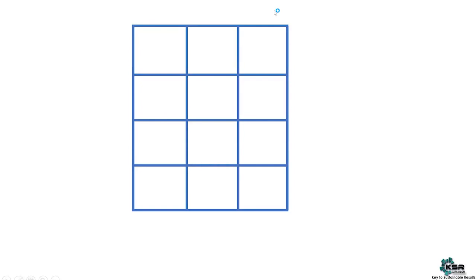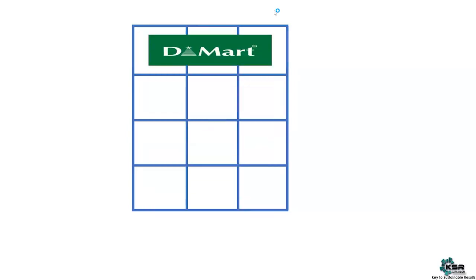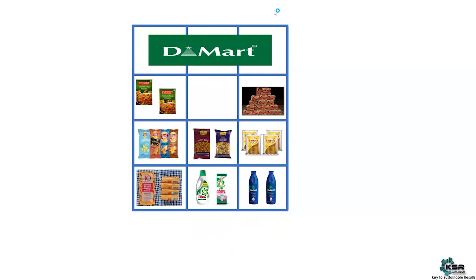It might be an iron rack, or it might be a plastic rack, where all the components are managed in specific racks. I'm trying to take an example of DMart. You visit a specific DMart and you want to purchase certain products. Every product is separately managed in different racks.